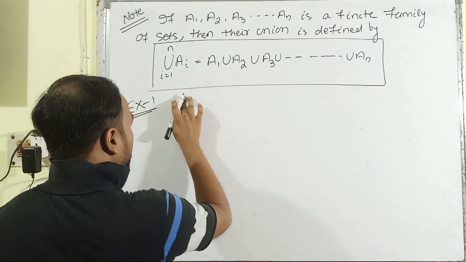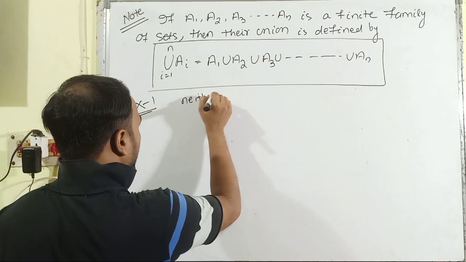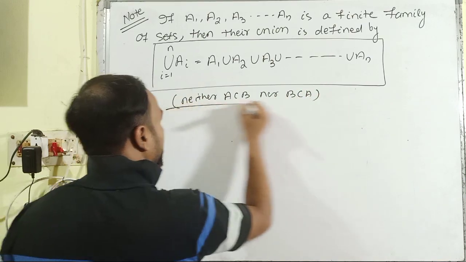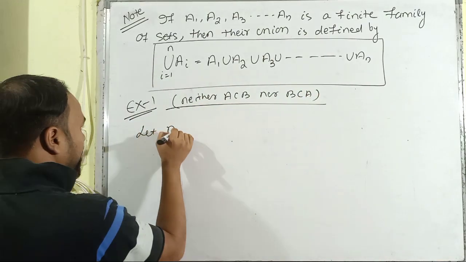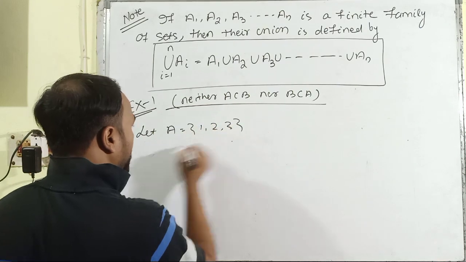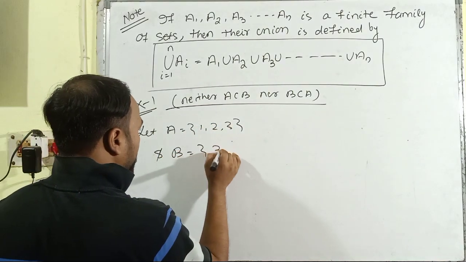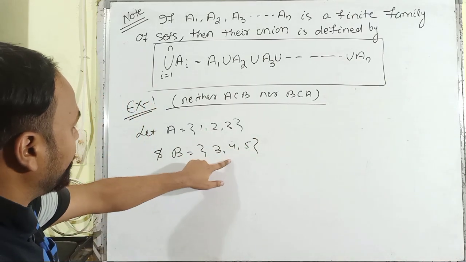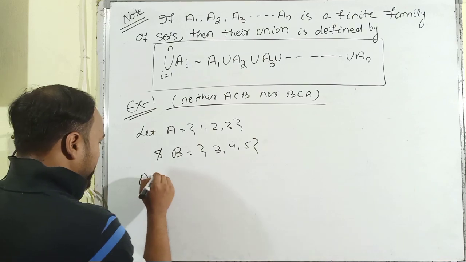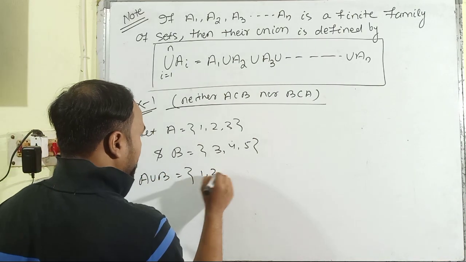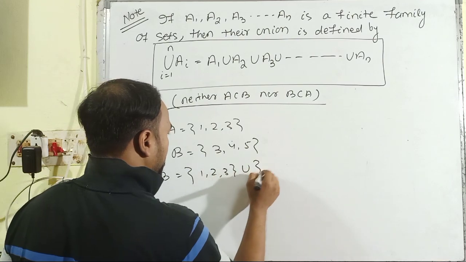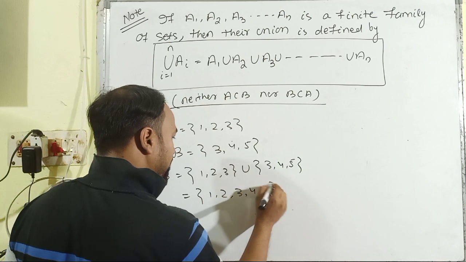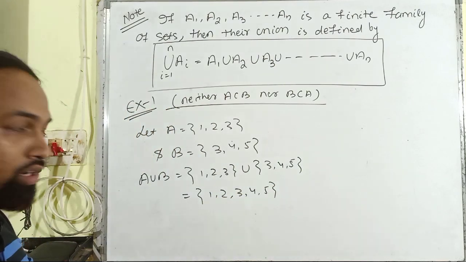Here we have to discuss neither A a subset of B nor B a subset of A. So here let A be equal to {1, 2, 3} and the B set be equal to {3, 4, 5}, and you can see that neither A is a subset of B nor B a subset of A. In such a case, A union B can be evaluated by {1, 2, 3} union {3, 4, 5}, and this is {1, 2, 3, 4, 5}. This is the set A union B.